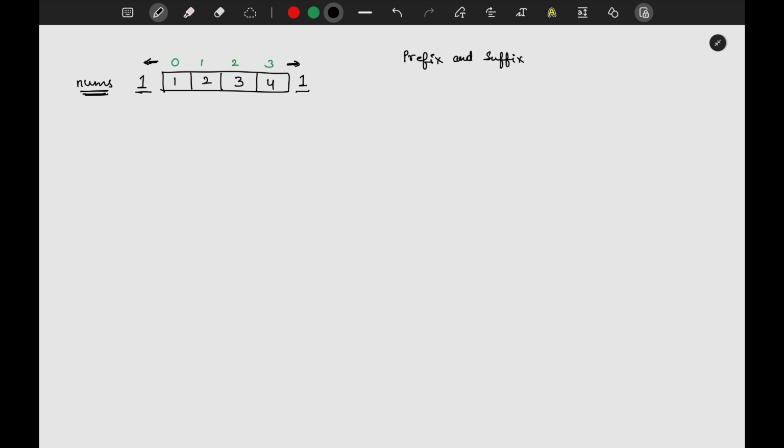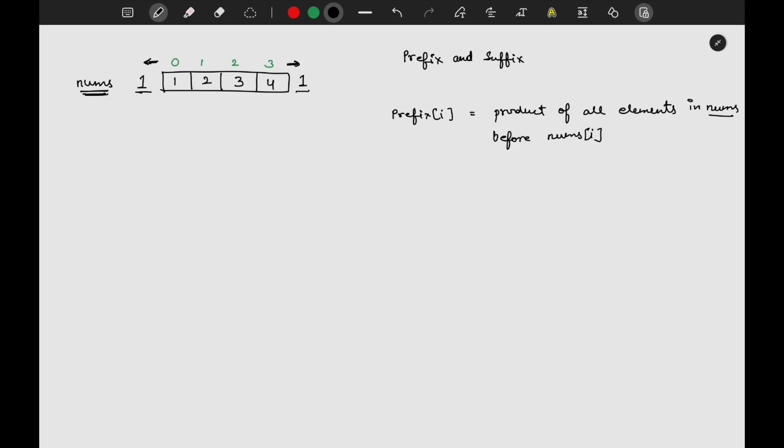To solve this problem we will be creating a prefix and suffix array. So let's define what the prefix and suffix array is. Prefix[i] is equal to the product of all elements in nums before nums[i]. Nums is the input array.